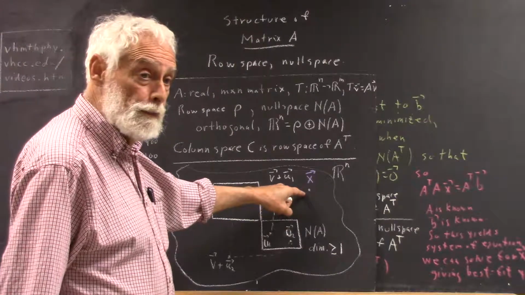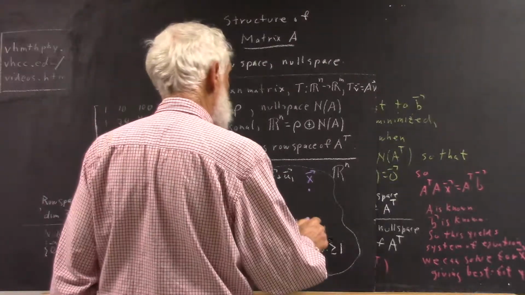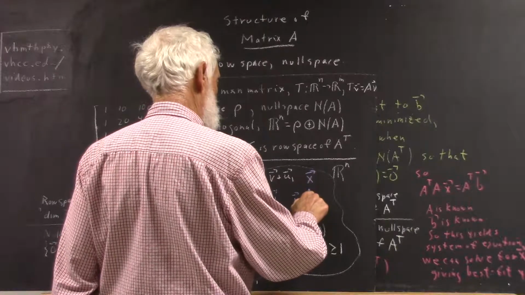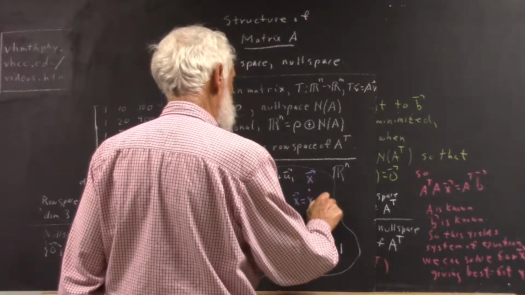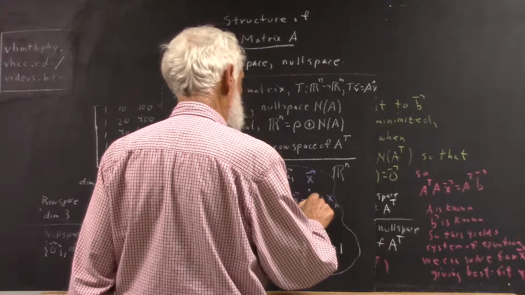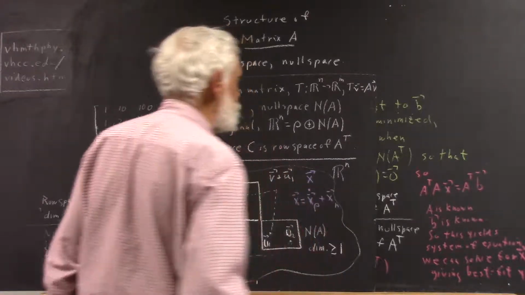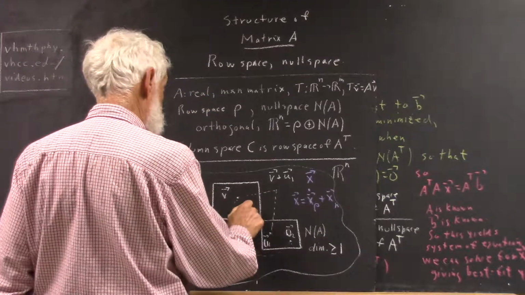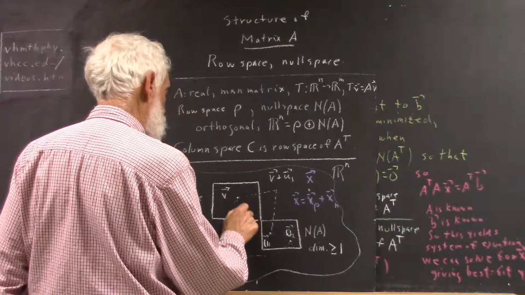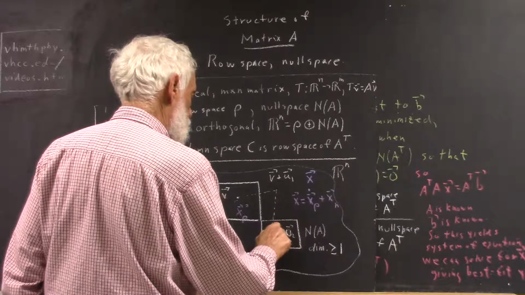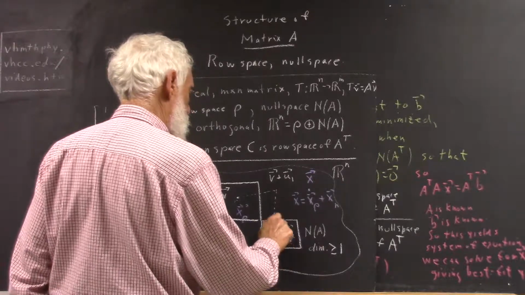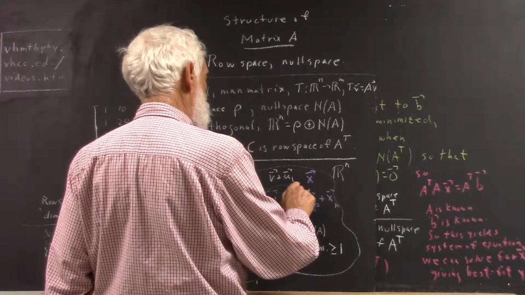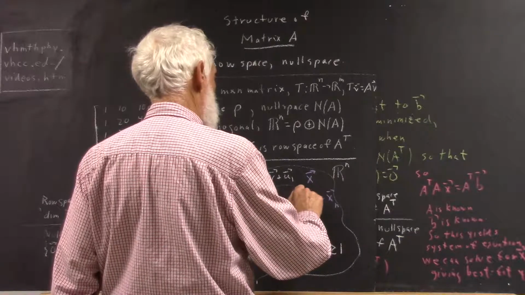Any vector X here is equal to an X row plus an Xn, where X row is in the row space, Xn is in the null space. So we're going to have an X row and an X sub n, and these two vectors are what we add to get our vector X.